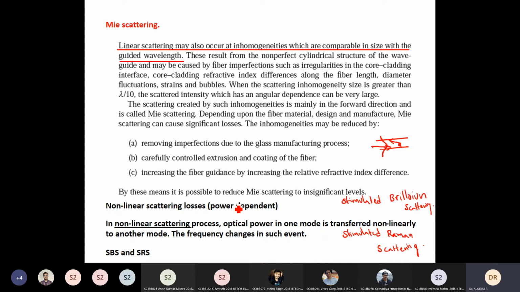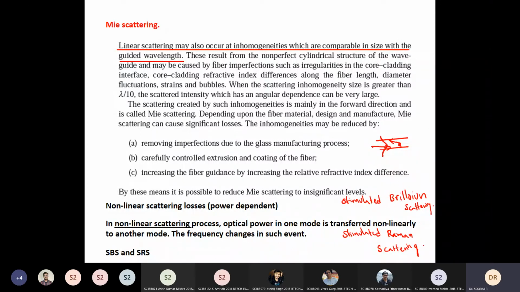Accordingly, such a scattering event is a nonlinear scattering event. It can be called Brillouin scattering or Raman scattering depending upon whether the frequency increases or decreases. We are not going into too much detail because that's beyond the scope of this course.